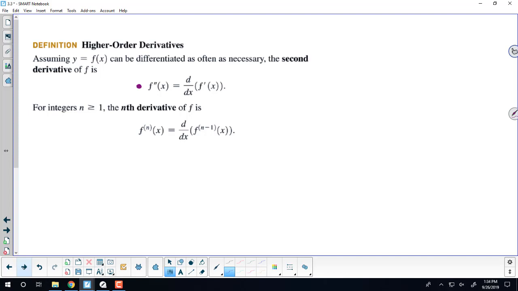For us, primarily we're focusing on the first and second derivative in this class. Here in chapter 3, we see that the applications of first and second derivatives are related to position, velocity, and acceleration. And in a mathematical sense, first and second derivatives are related to the shape of a graph.